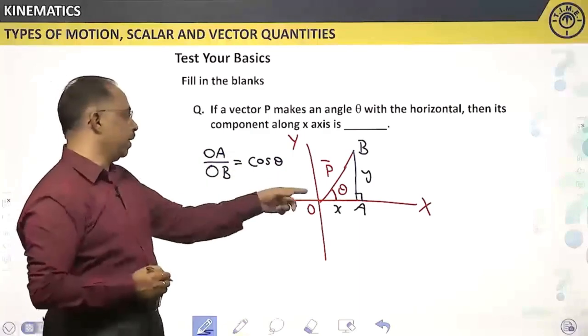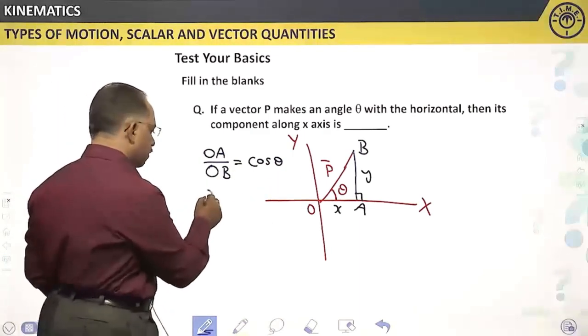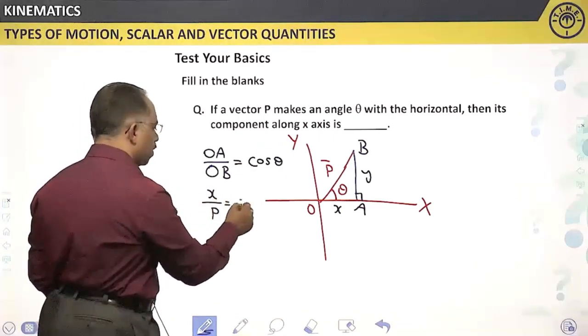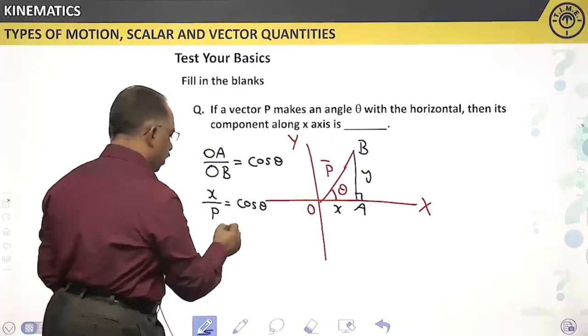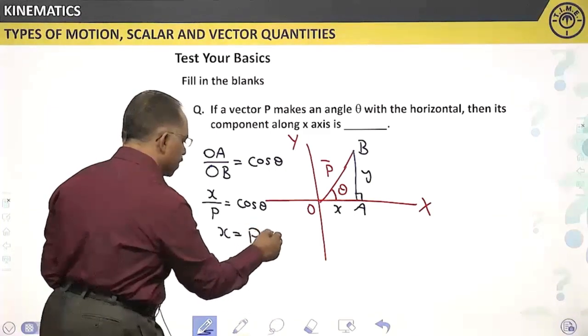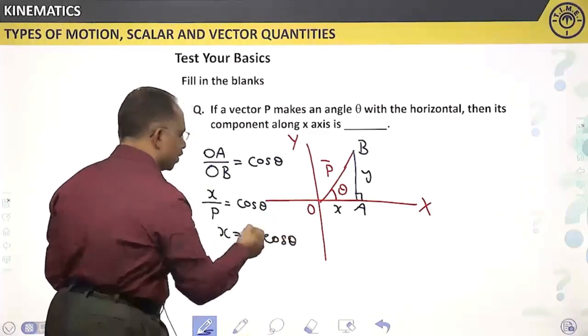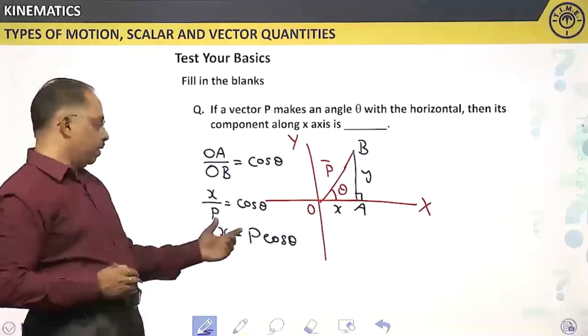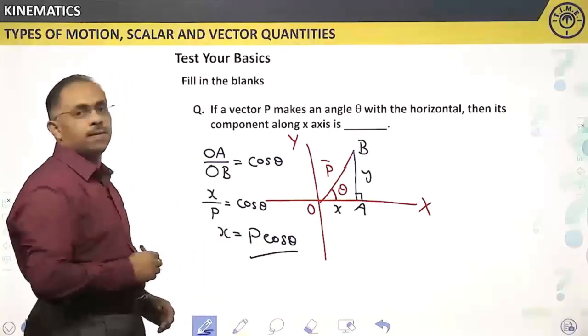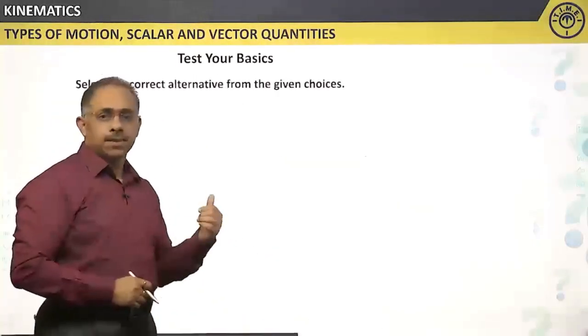So, OA is nothing but x, x divided by OB, which is P, is equal to cos theta. So, I will get x is equal to P cos theta. So, my answer will be P cos theta. Is this clear?